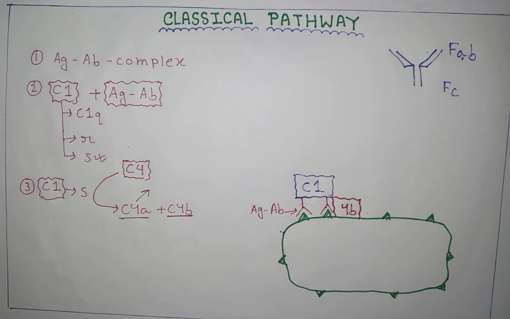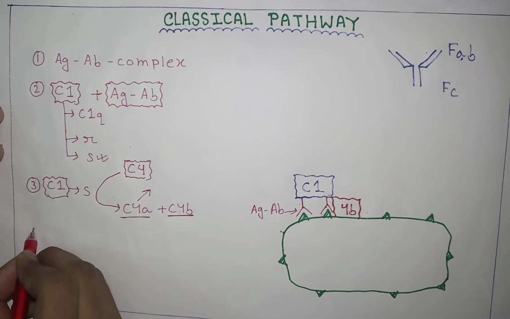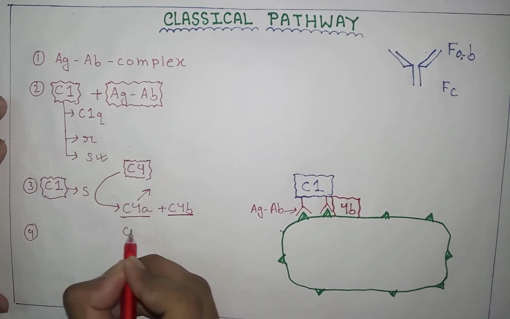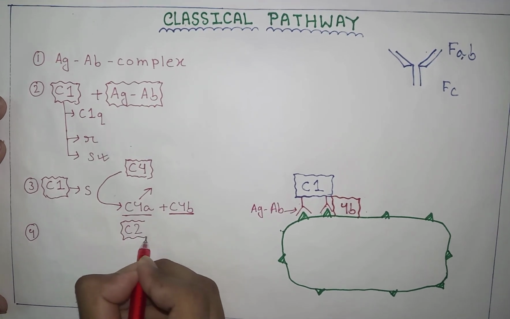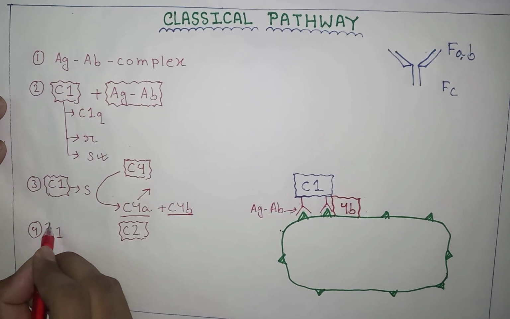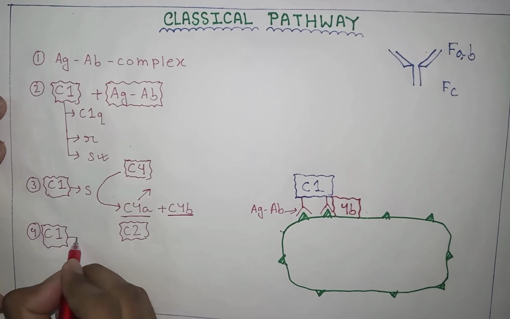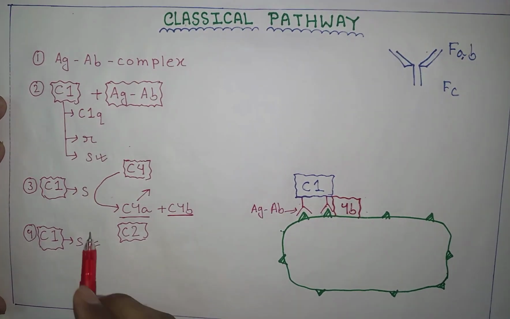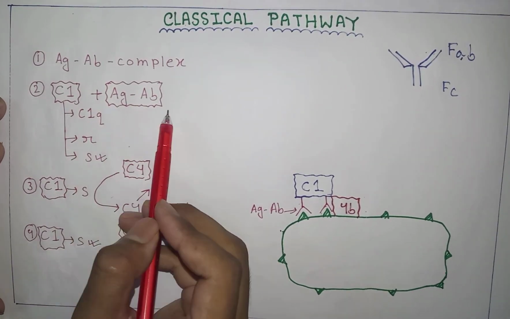In the fourth reaction, the C2 complement will come. I told you that the C1 complement protein has an S segment which is now excited after the bonding between C1 and the antigen antibody complex.